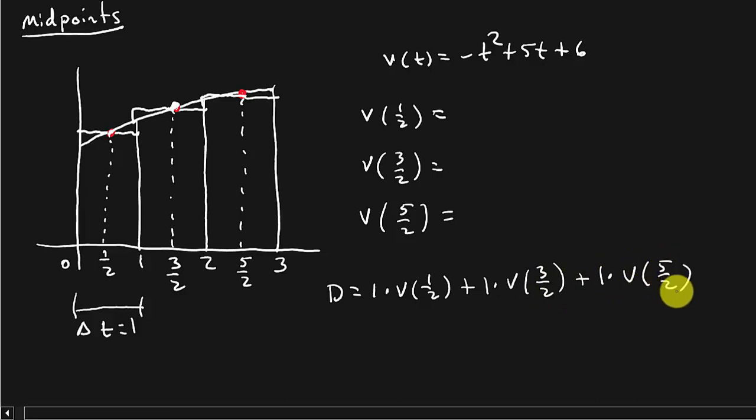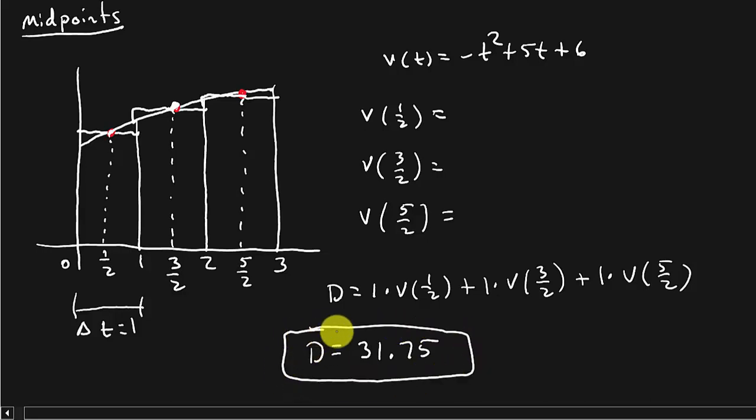So yes, you would have to plug 1/2 into the function to get whatever this number is, 3 halves into the function to get whatever this is, 5 halves into the function to get whatever that is. I've got confidence in you that you can do it. And when you plug all that into your calculator, you get 31.75. And that's the distance that we get.